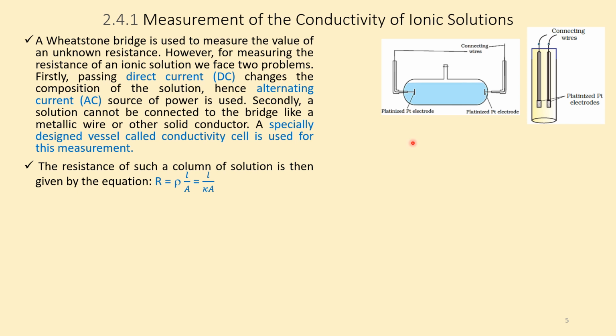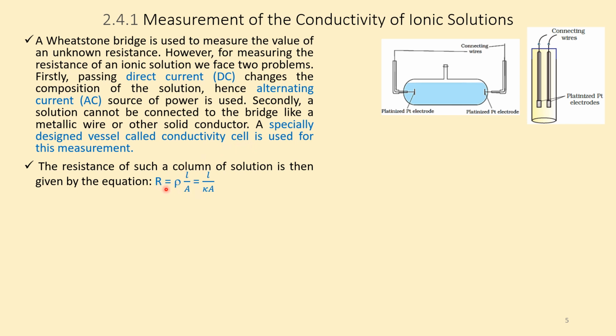The resistance of such a column of solution is then given by the equation R is equal to rho into L by A, where R is the resistance, rho is the specific resistance, L is the length, and A is the cross section area. So we can substitute rho equals 1 over kappa.